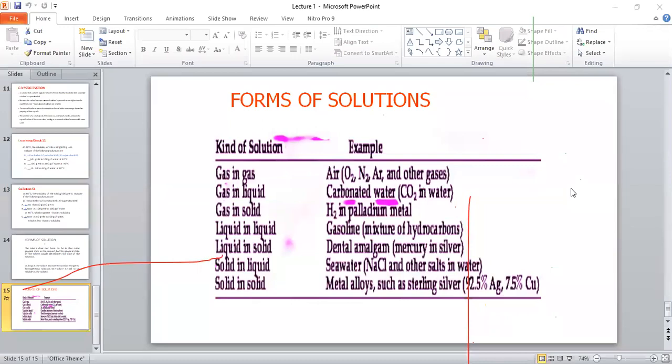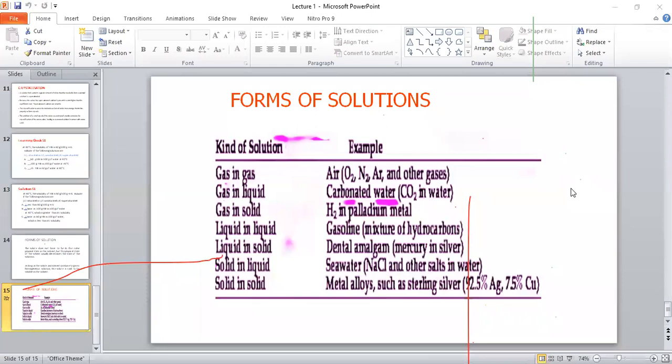So what it means is that the one that will consume the other one is the solvent. The state of that solution will remain the state of that solvent. So if the solid consumes the liquid, it means you have a solid solution.